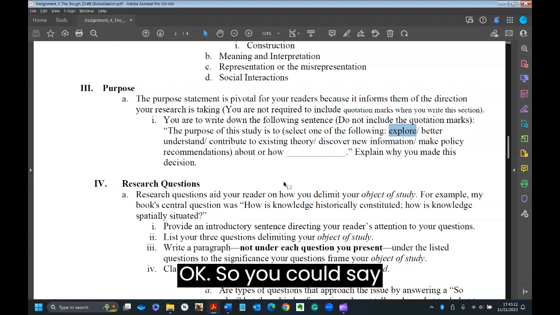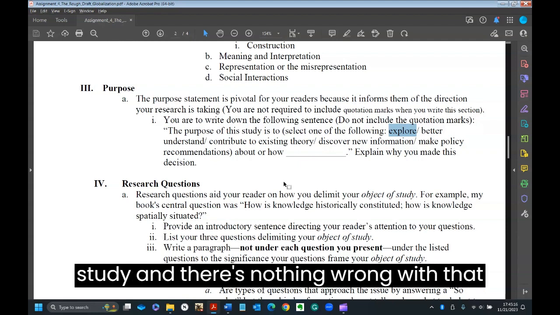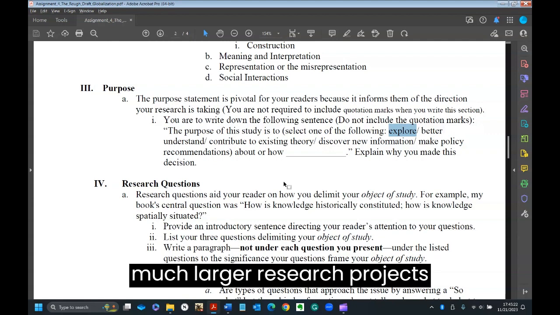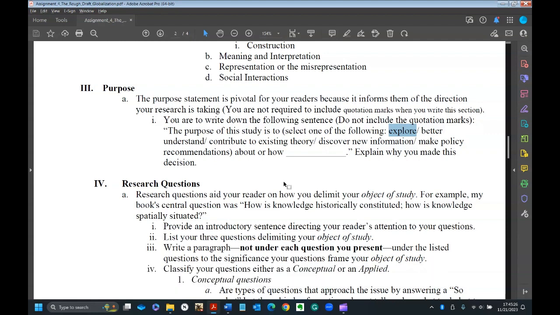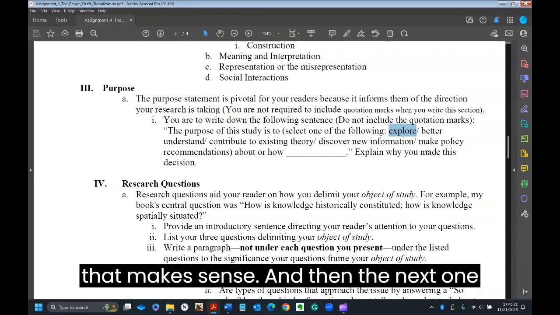Okay, so you could say that you're conducting an exploratory study, and there's nothing wrong with that because many researchers begin much larger research projects by doing an exploratory study. Okay, now hopefully that makes sense.